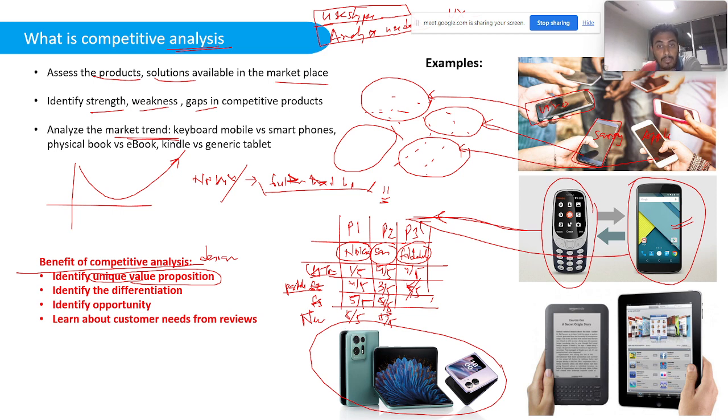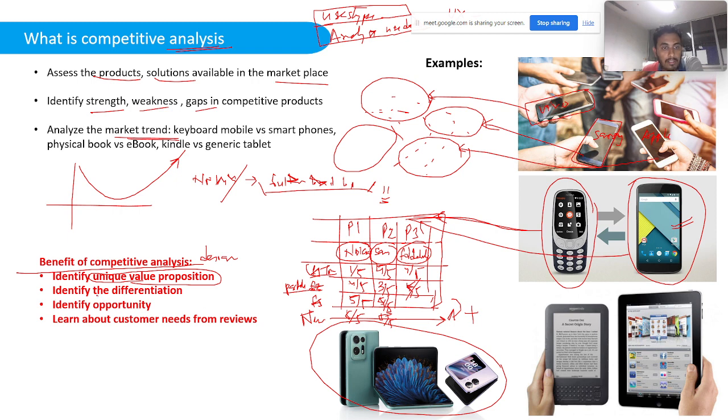And apart from this, your product also may have some unique features which are absent in these. Okay, so unique value proposition may include features which are advantageous over your competitive products or competitors, and also it can include new features which are absent in the previous generation products.